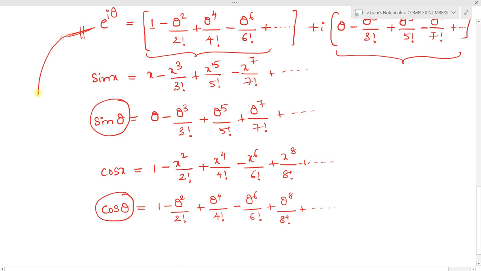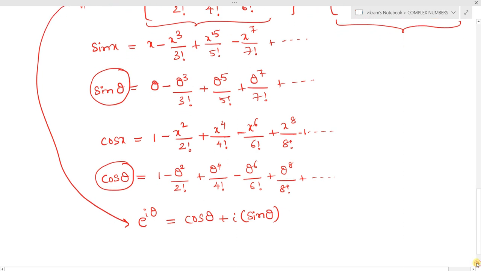Now we can write e power iθ equals cos θ plus i times sin θ.